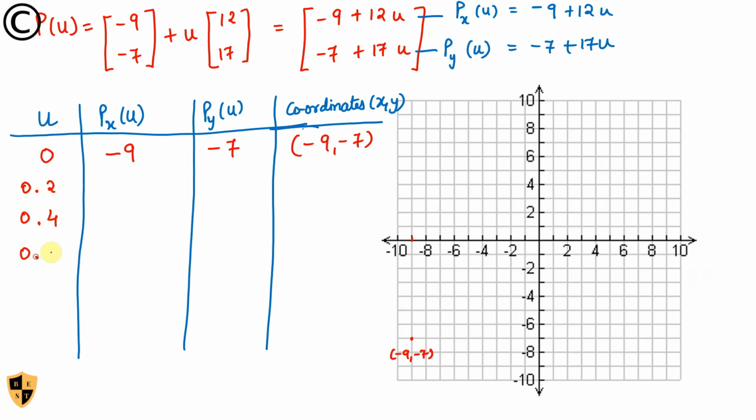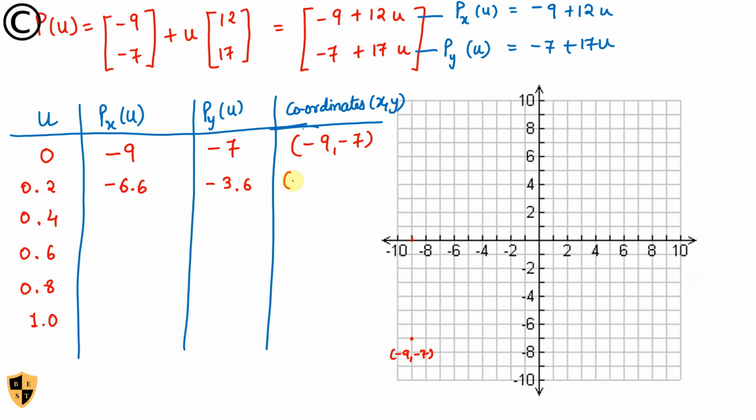So I will take these points in steps of 0.2. For u equal to 0.2, if you put the value of u in the equation of px and py, we will get px -6.6 and py -3.6.